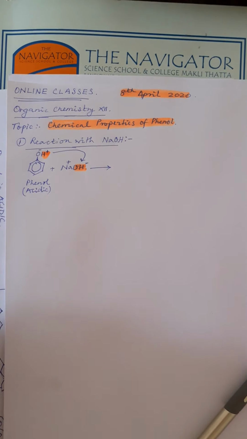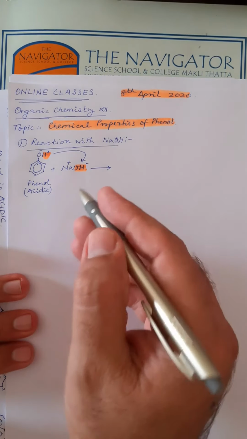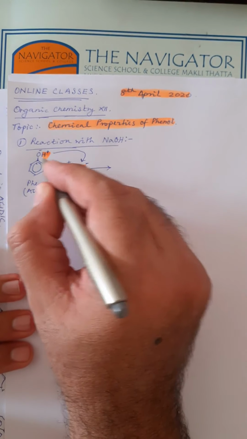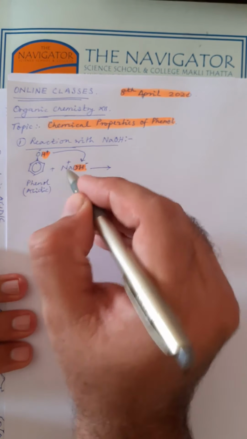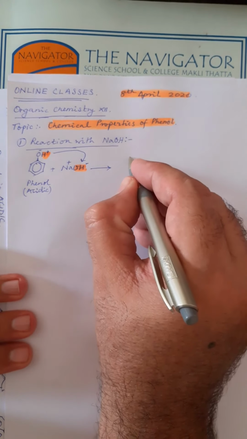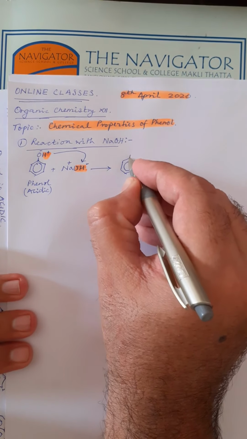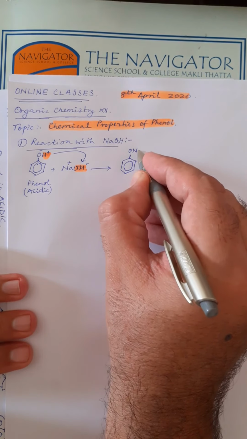If they combine, you can obviously guess it's going to be H2O, and the sodium will bond with oxygen because one will be a negative ion and the other a positive ion. So it's sort of an ion exchange reaction here, and it's going to be ONa.